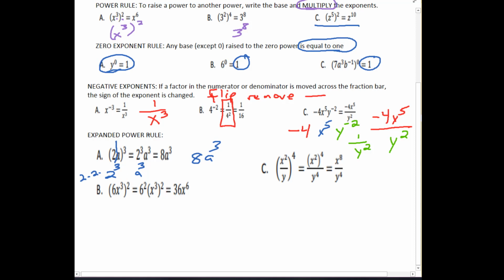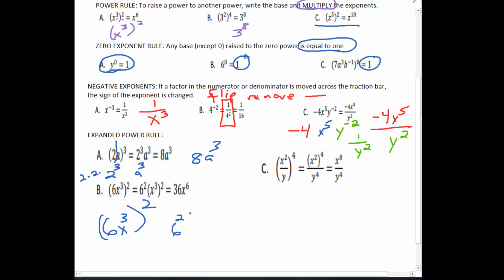And now the last one, let's expand this one out. So we have 6x to the third, all raised to the 2nd. Well, let's follow our rule. Our first rule here is the power rule. So it's raised to a power. That's going to be 6 squared. And then I have the x to the third.